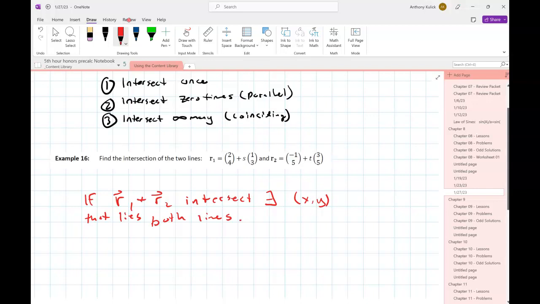Now, in vector speak, it would mean there exists some vector xy such that xy is a vector output from R1 and xy is a vector output from R2.